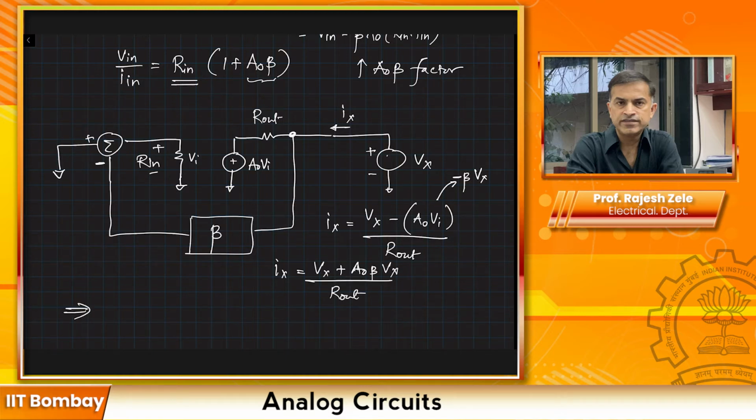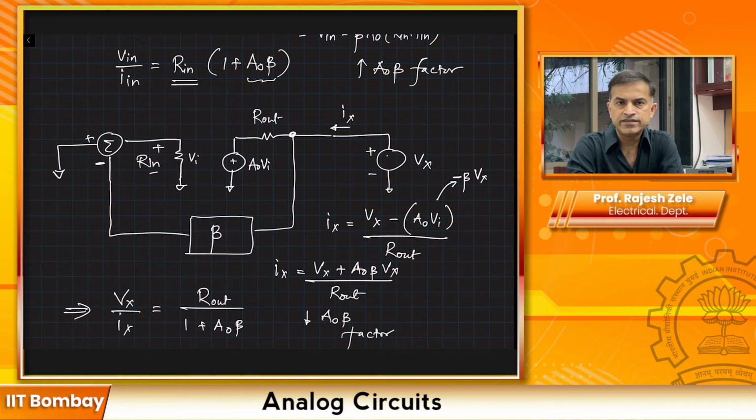So this will give you Vx divided by Ix, which is the effective output impedance with feedback, which is Rout divided by 1 plus A0 beta. So the output impedance in the case of voltage feedback will drop by this factor 1 plus A0 beta. We also say that this goes down by an A0 beta factor, assuming A0 beta is very large.